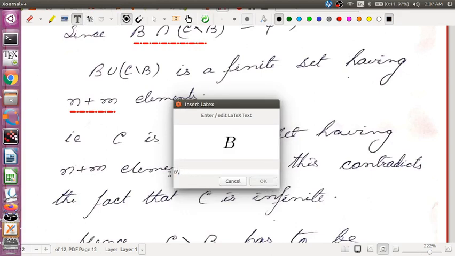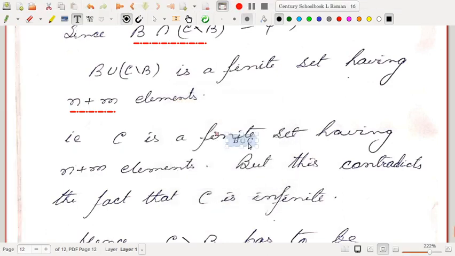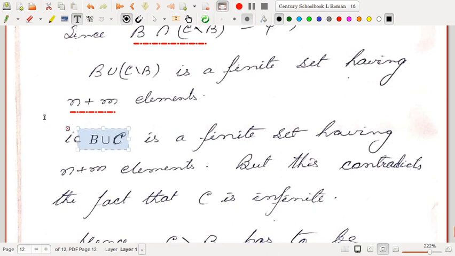Please correct it here: B union C will be a finite set having n plus m elements.